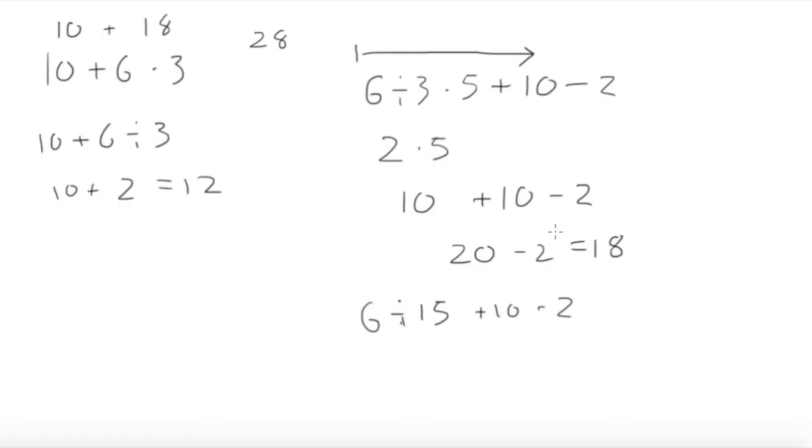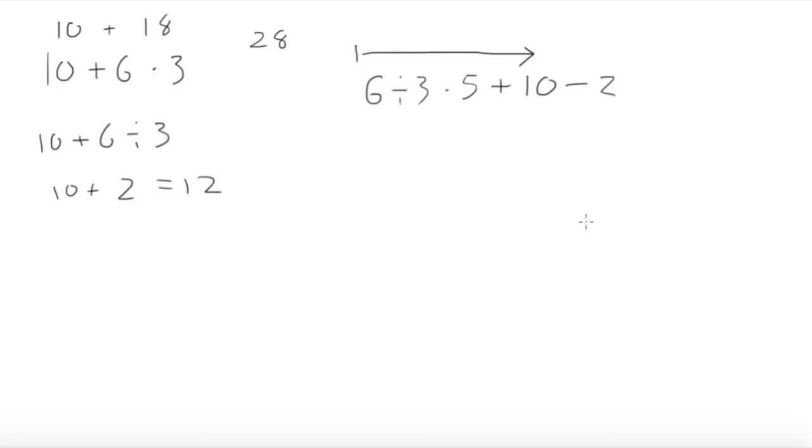Maybe that was a little confusing. Again, the way you're going to do this is you're going to do 6 divided by 3. That's going to be 2. And then times by 5, and that's going to be 10. And then you're going to plus the 10, and that's going to equal 20, okay?